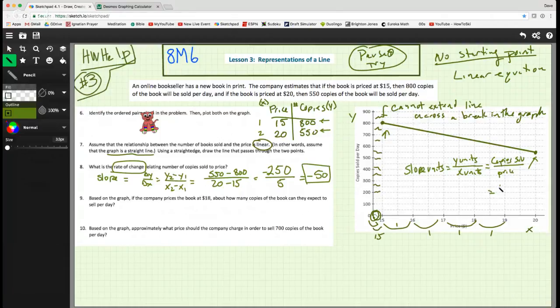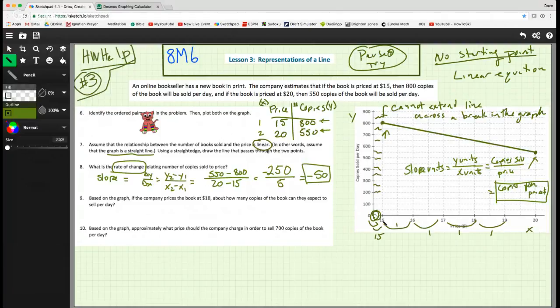So that's copies per dollar, or copies per price in dollars. So that's our slope units. If we raise the price $1, we sell 50 fewer copies per day.